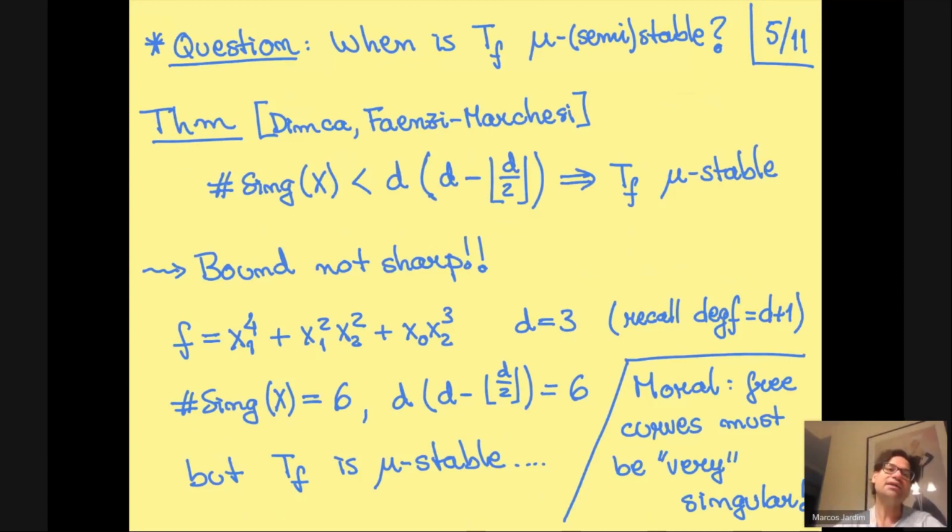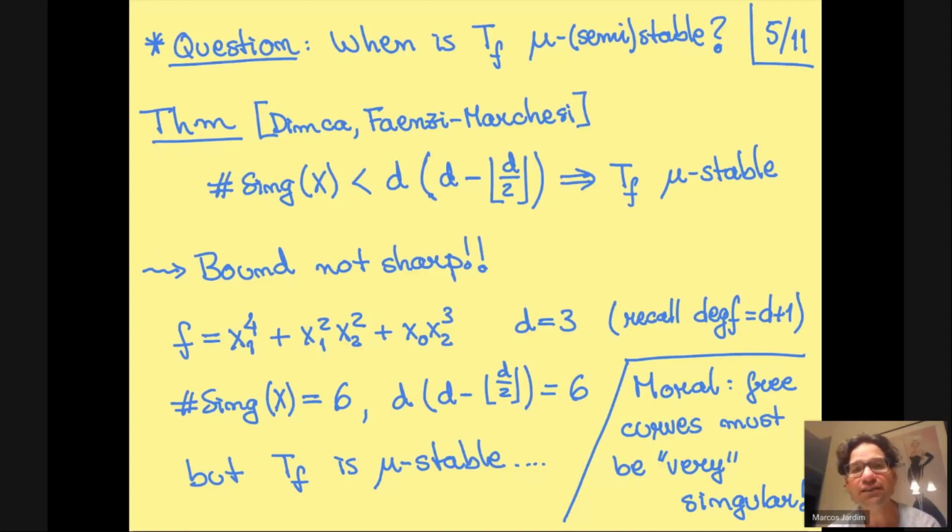There's actually a theorem, a criteria for mu stability that in this context of plane curves was proved by Dinka. And then in higher dimensions, there is a version by Daniele Faenzi and Simone Marchesi.